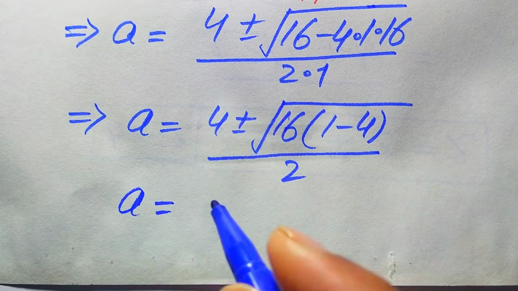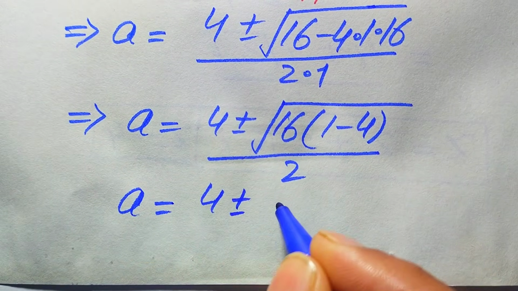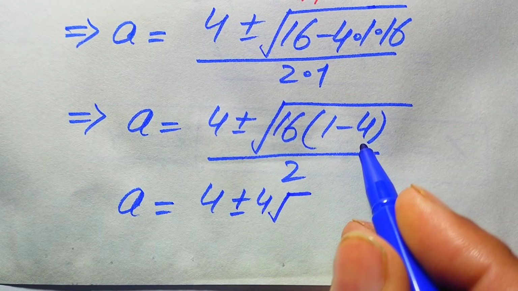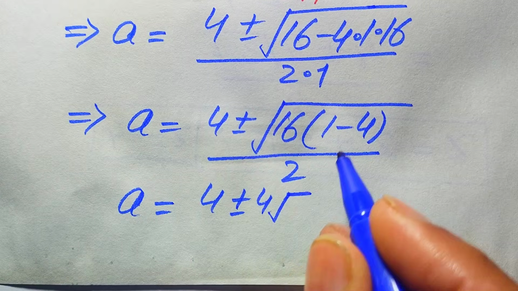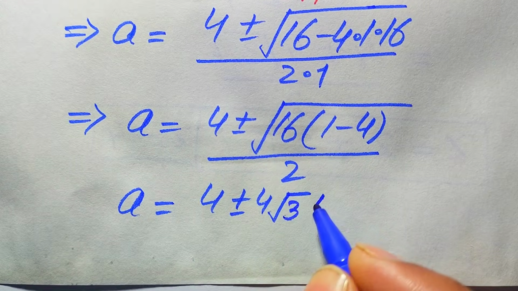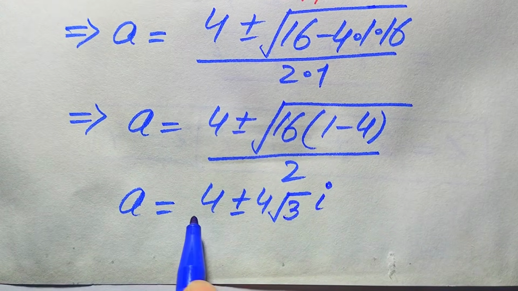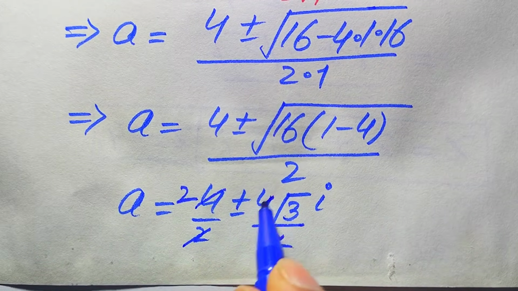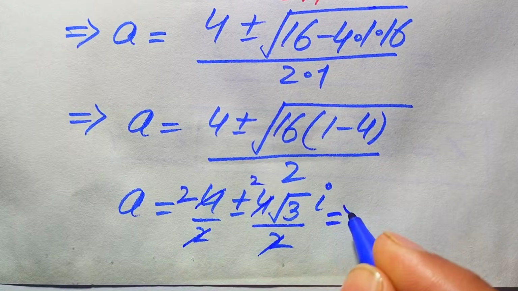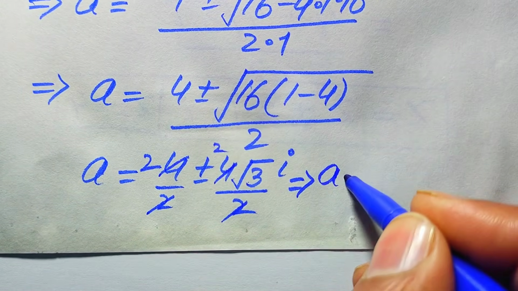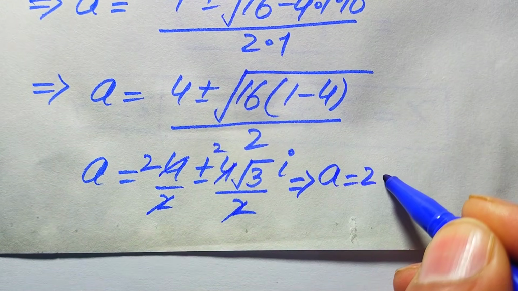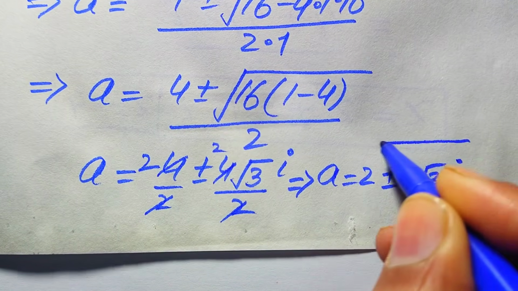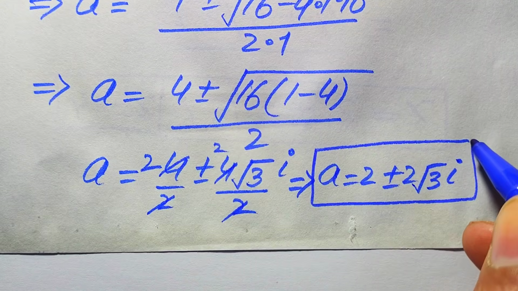And further, in the next step we have a is equal to 4 plus minus, we know that the square root of 16 becomes 4, and this becomes 1 minus 4 which is minus 3, and the square root of the negative sign becomes iota, and we apply these separately on both of these values, and we get this is 2 times 2 is 4, this is also 2 times 2 becomes 4. Finally, we have the other roots of the second equation are 2 plus minus 2 times the square root of 3 into iota. So these are the complex roots of the given equation.